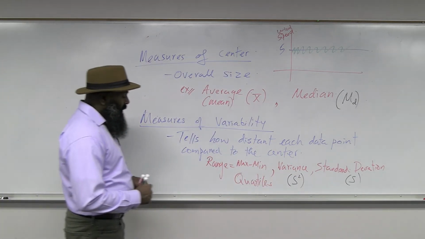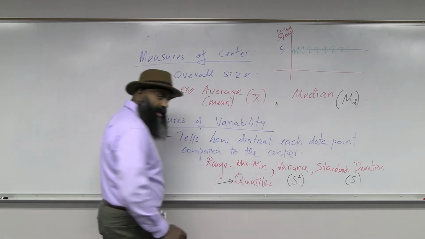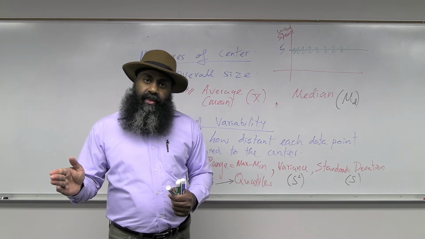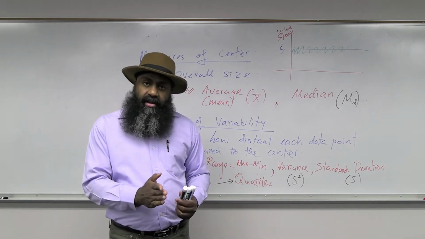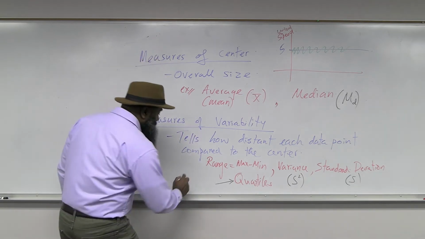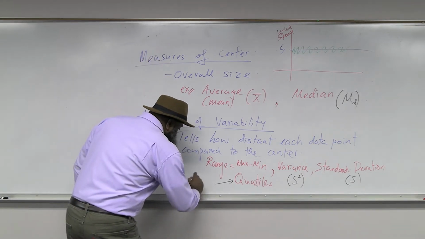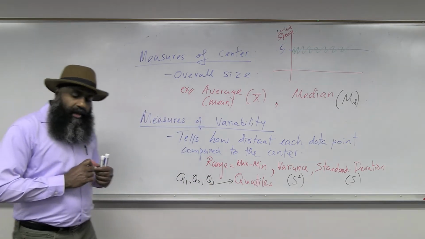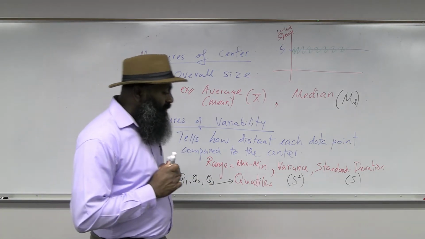The quartiles, even though there are 4 quartiles, we will just look at 3 points that will define the starting or ending points of the quartiles. They're called Q1, Q2, and Q3. Now, importance of statistics.